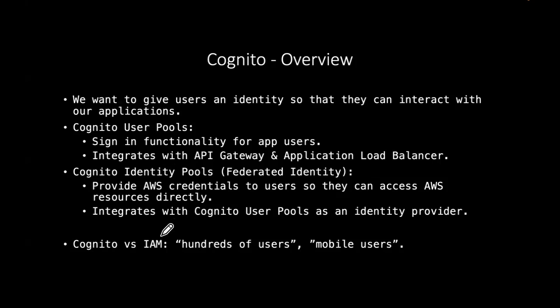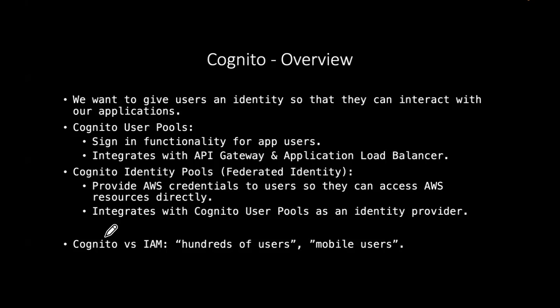But as a very general rule, if you're talking about high numbers of users, like in the hundreds, then creating 100 plus IAM users, unless you can automate it in some way, is not convenient, obviously. Whereas in Cognito, we typically are dealing with user numbers in the three figures.